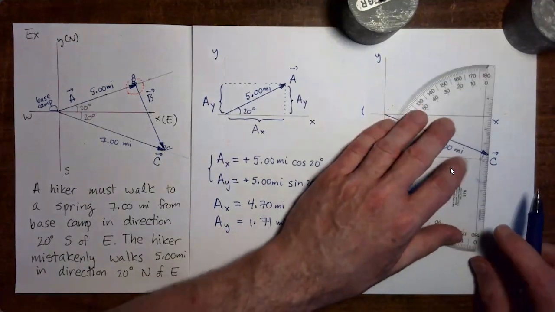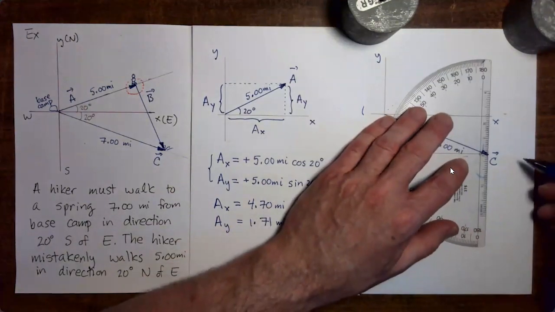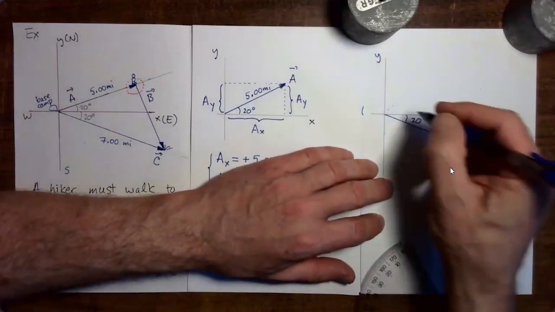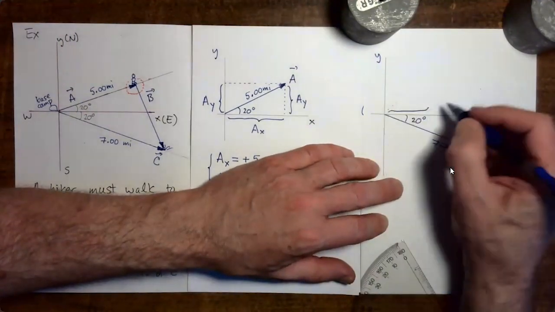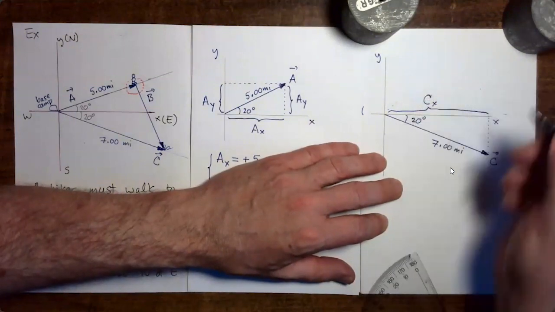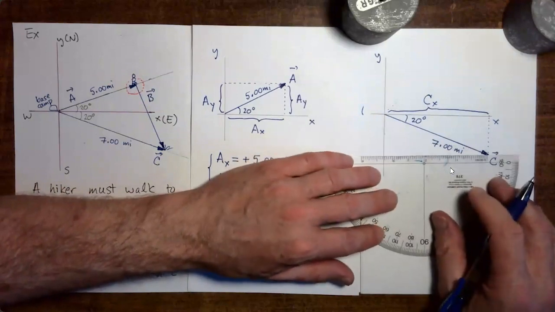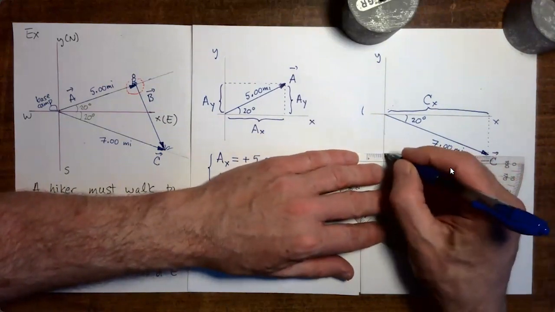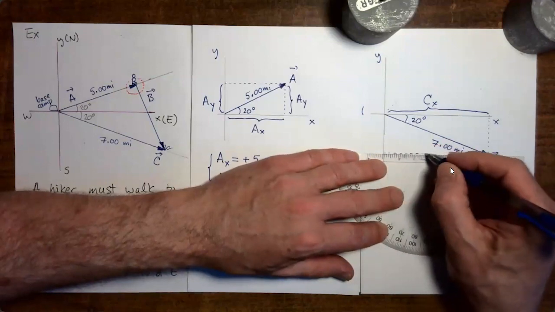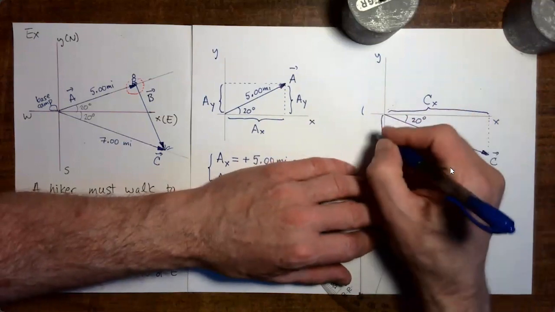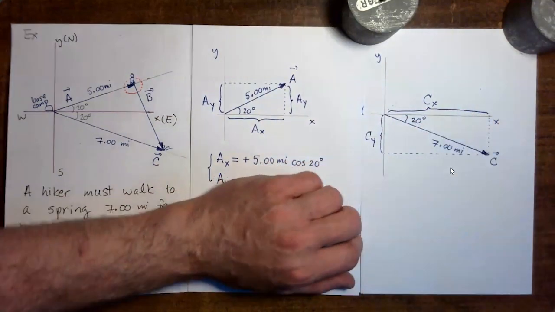So now we can project vector C onto the coordinate axes. So we get C sub x here. C sub y here.